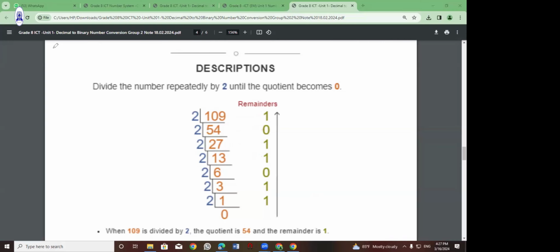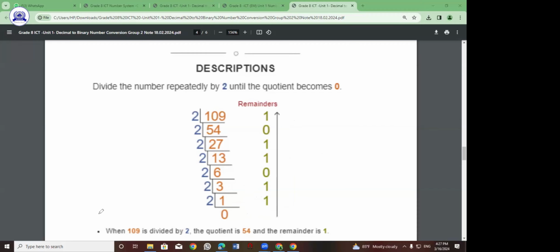Then if you divide 6 by 2, it's 3 and remaining 0. If you divide 3 by 2, it's 1, remaining 1. And if you divide 1 by 2, it's 0 and remaining 1. So the final answer, you have to write in this direction.